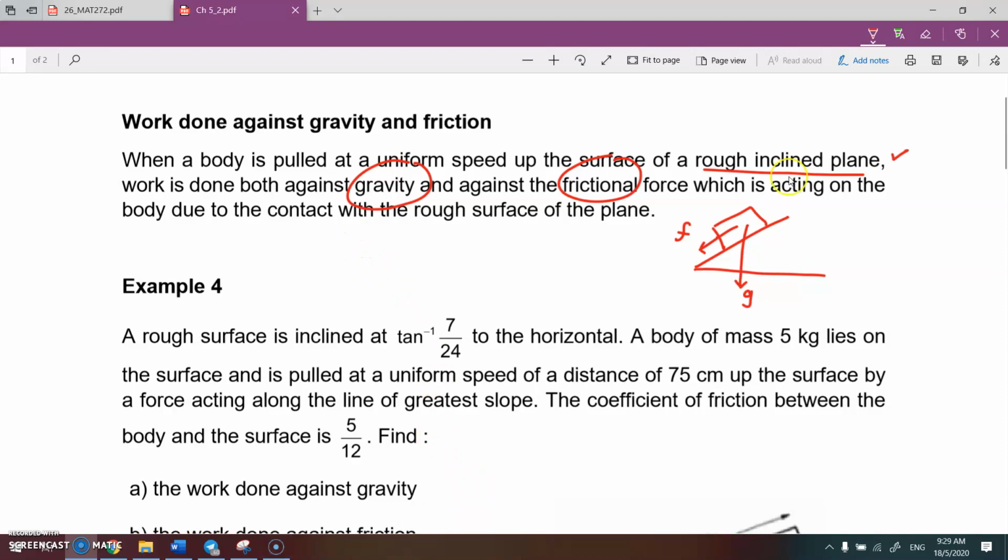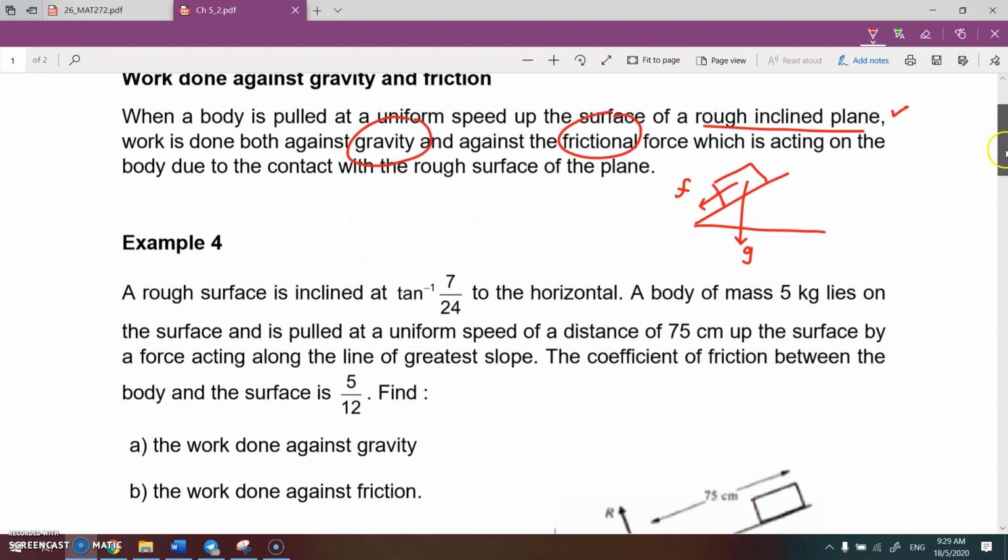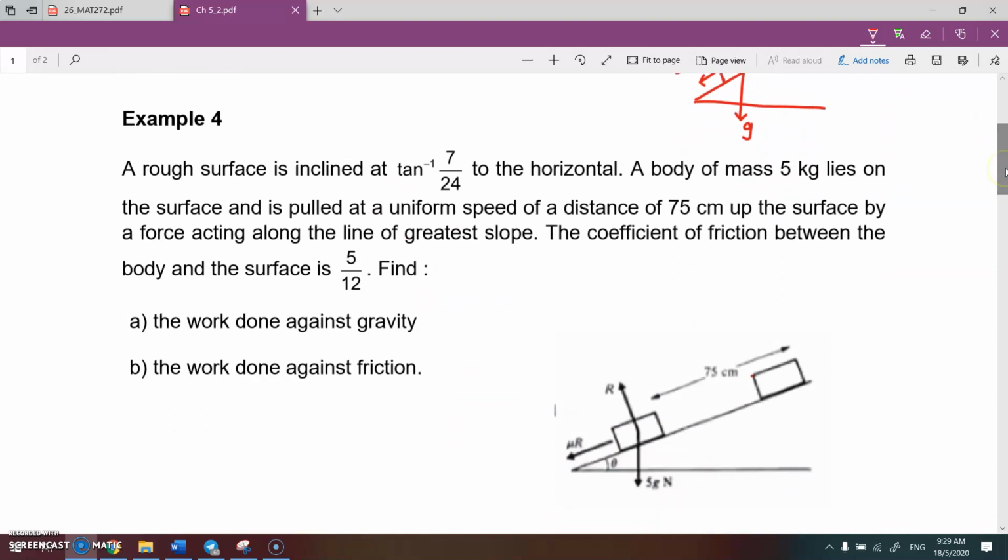If we look at example 4, a rough surface is inclined at tan inverse 7/24 to the horizontal. Here the question doesn't give you the degree of the inclined plane, but it's still the same, where theta is tan inverse 7/24.